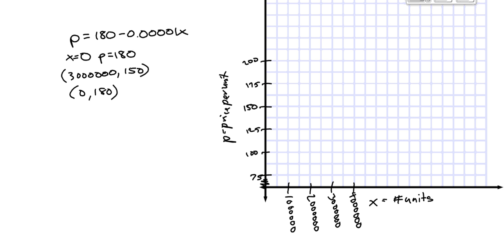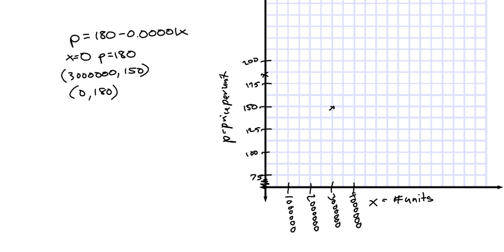So I have my 0, 180, and there's about 25 in there. So that's a little above 180, and so maybe it'll be someplace along there. And my 3 million, 150 is right there, and that will be one of my lines.